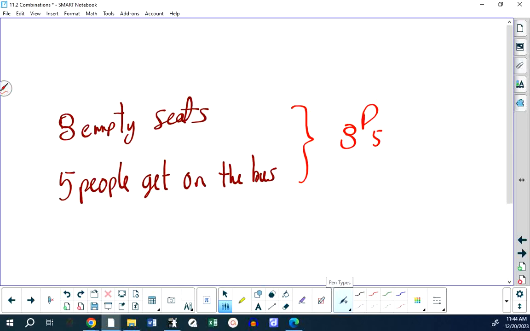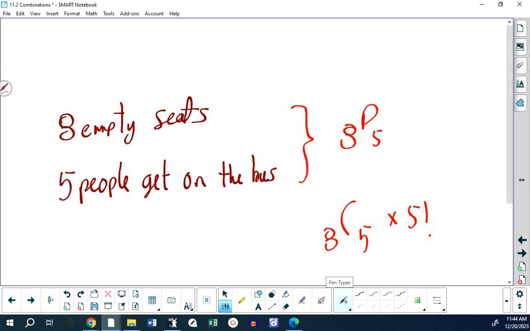I say, if I want to find out how many ways they can be seated, then the first thing I do is I choose 5 seats that they're going to sit in, and then I multiply by 5 factorial to arrange the individuals. And you can go ahead and check that out.